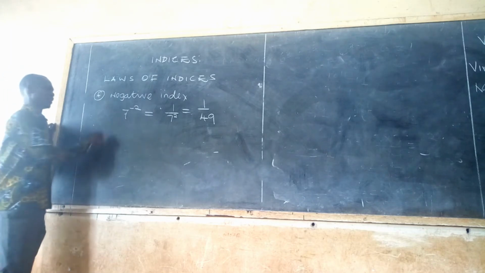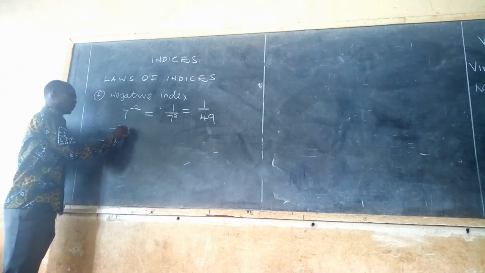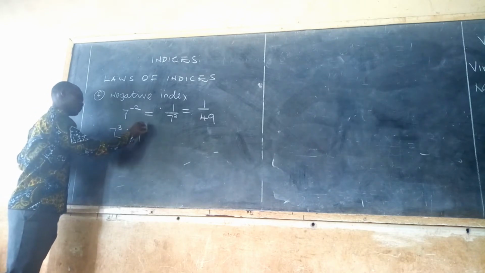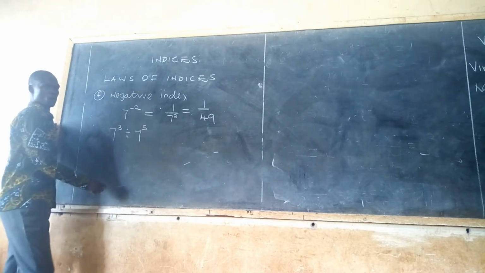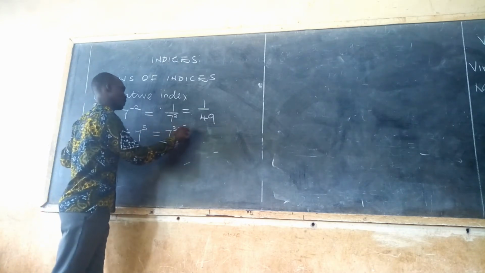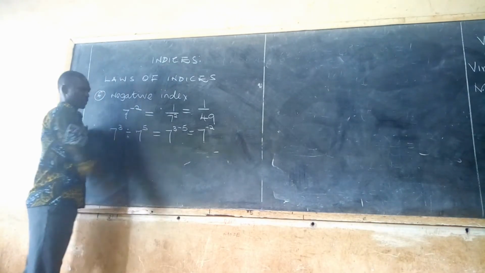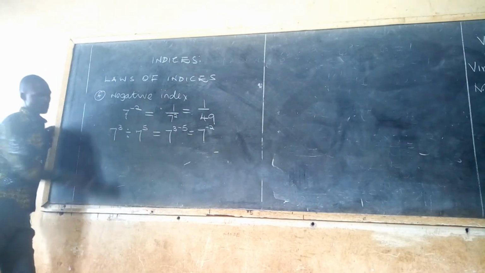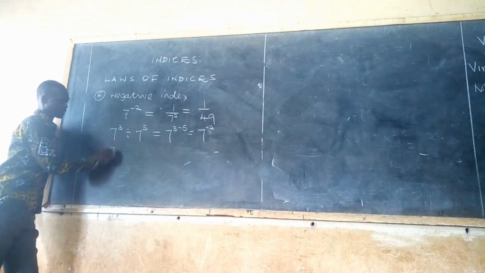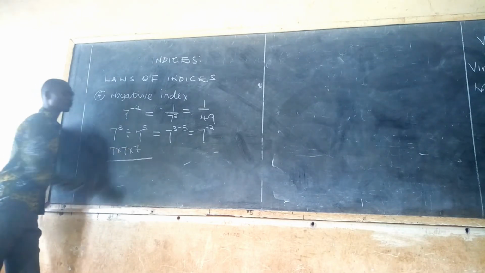Assuming I gave you 7 to the power 3 divided by 7 to the power 5. According to law number 2, 7 to the power 3 minus 5, which is 7 to the power negative 2. So let us see the meaning of this. The first one is 7, 3 of them.